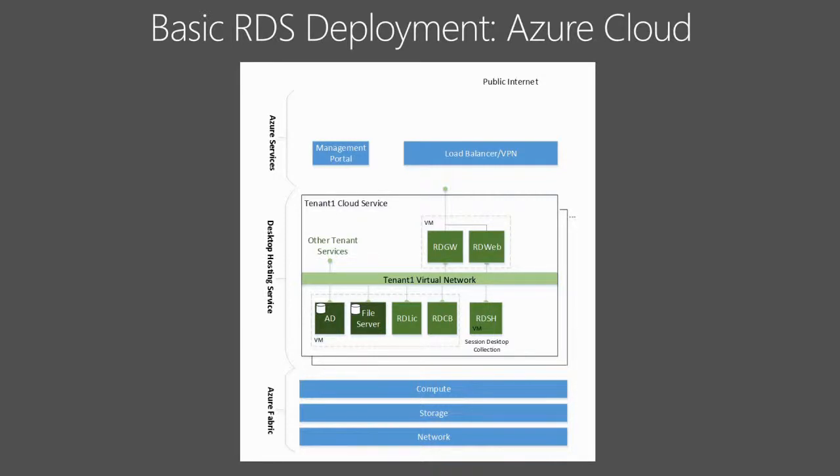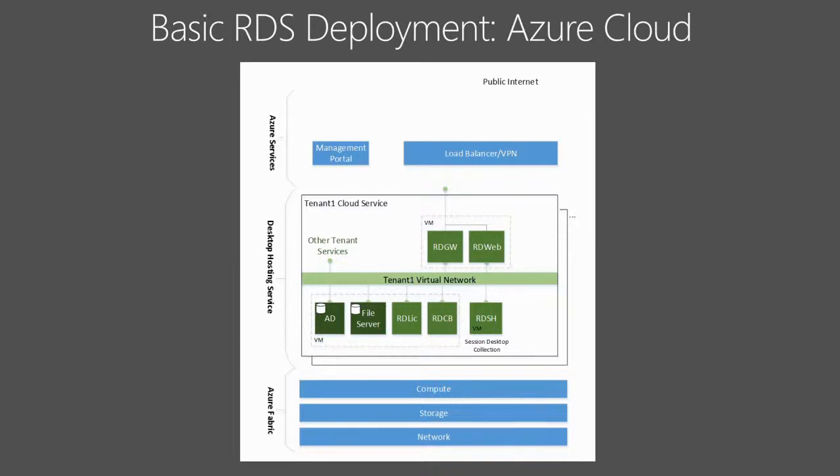The box in the middle with the green boxes is what we're going to deploy for our tenants, and our users will log into this. In the lighter green boxes, those are the 5 RDS components we talked about earlier: RD session host, connection broker, web, gateway, and license server.